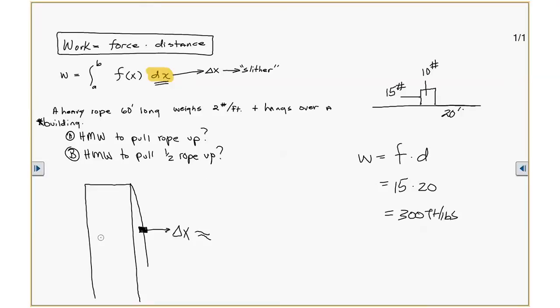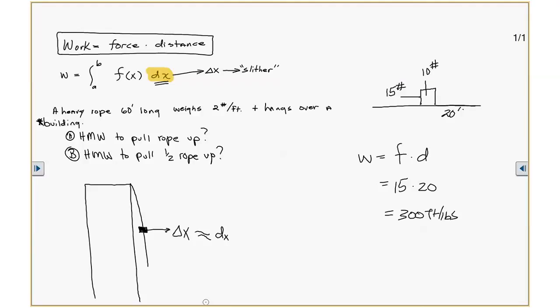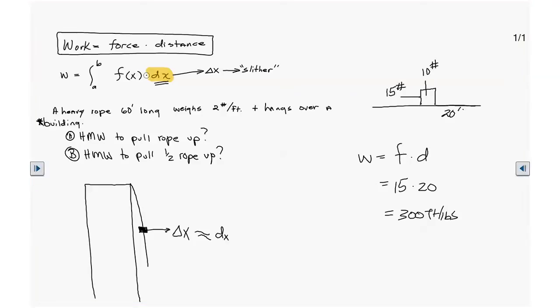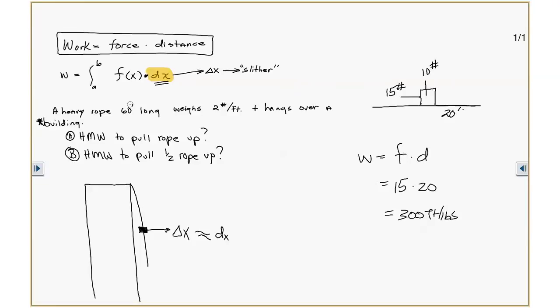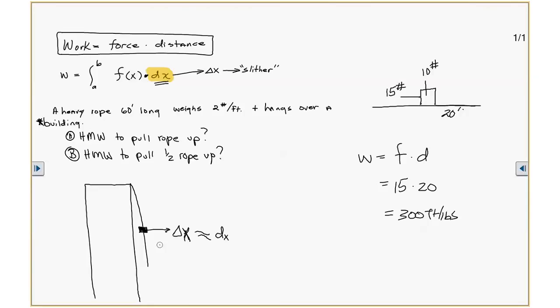Dx. So technically, if this is equal to force times distance, then one of these is distance and one of them is force. You see what I'm saying? And the delta X is pretty much your force. And you're going to bring it up a what? Distance.